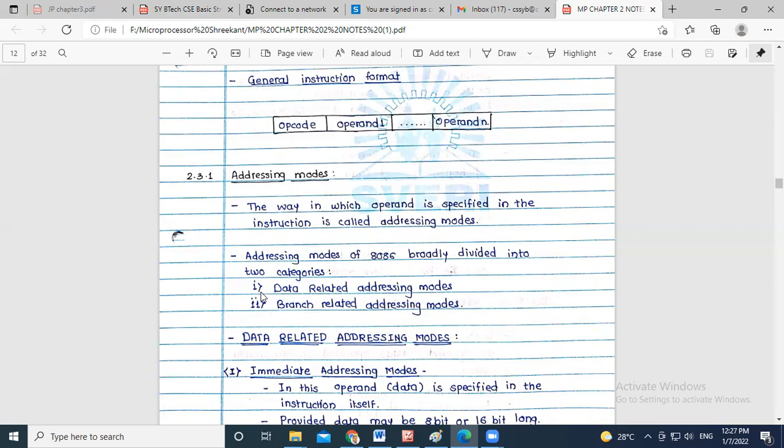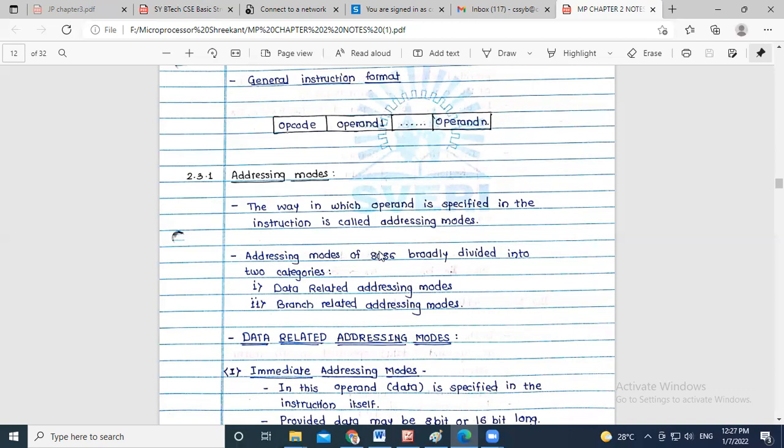Where exactly the data is stored in the memory, and fetching it from there, that is addressing mode, the mode of addressing. We retrieve the data and return it back. In the addressing mode, the operand is specified in the instruction.